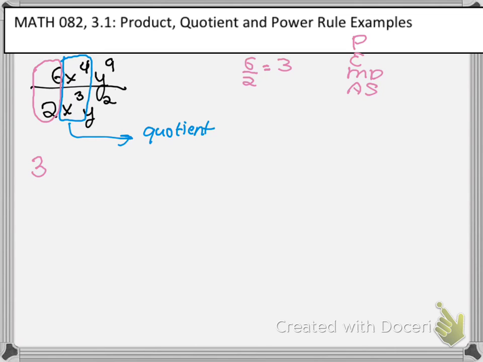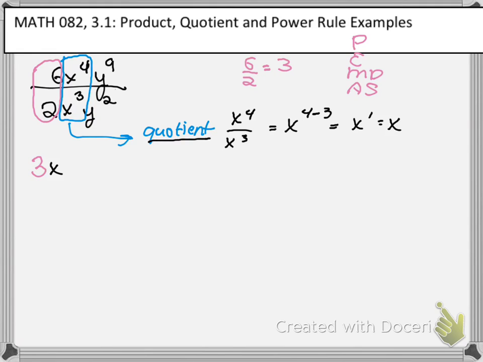The quotient rule says that if we have the same base, 2 different exponents, or it could be the same exponent, it doesn't matter, then what we need to do is subtract those exponents. If you need to review the quotient rule, I made a video that introduces, proves, and explains it.